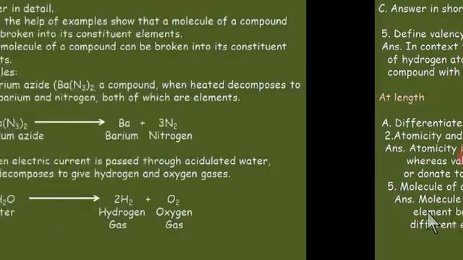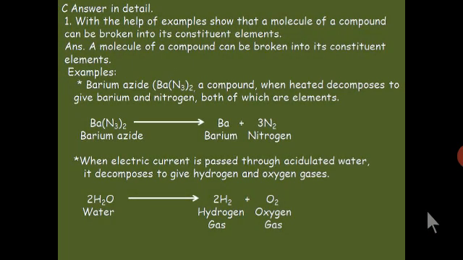Now come to the answer in detail. This is the last part of the exercises. Answer in detail. With the help of examples, show that a molecule of a compound can be broken into its constituent elements. It is given in the book, even then I'll just show you. Answer. A molecule of a compound can be broken into its constituent elements. How? Example, barium azide.